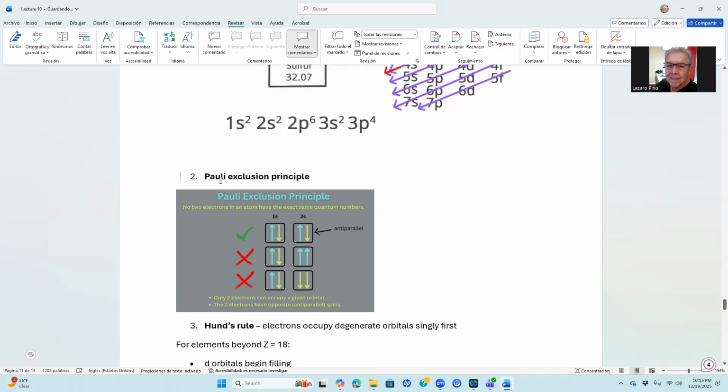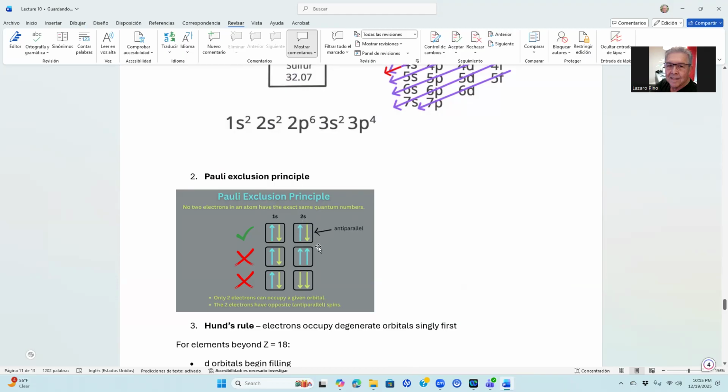The other important concept is the Pauli exclusion principle. What does it mean? That the spin of the electrons in the same orbital must be opposite, or antiparallel, in order to lower the repulsion between them, because both are negative and they repel each other.